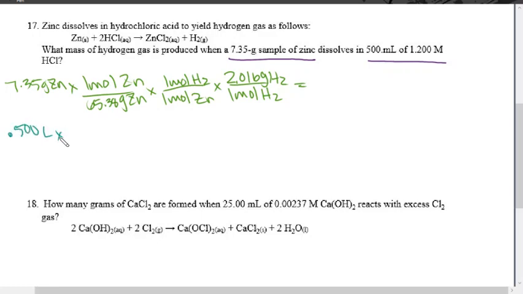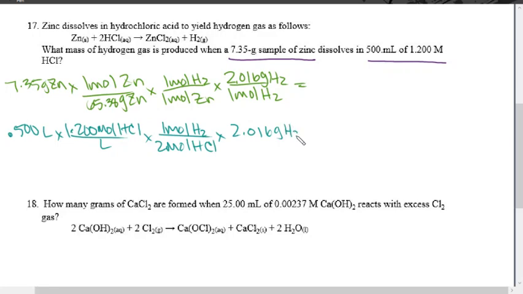And then for the other equation that we're comparing, we have 0.500 liters times 1.200 moles of HCl per liter times 1 mole of H2 per 2 moles of HCl times 2.016 grams of H2 per 1 mole of H2.